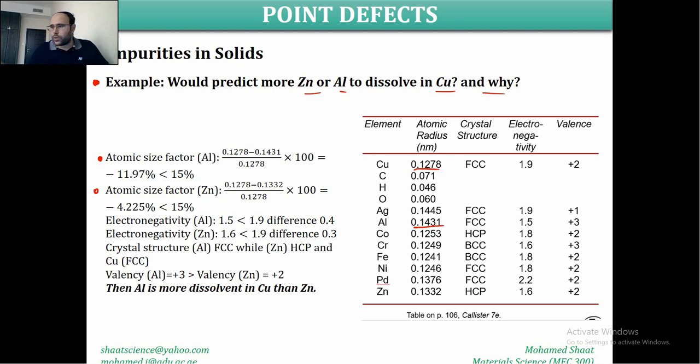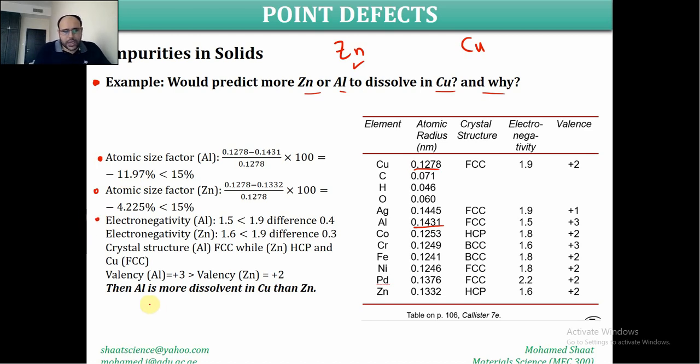Both can form substitutional solutions because the difference in the atomic radius is less than 15%. But still the zinc will have 1 more point over the aluminum. Why? Because the difference in the radius is too small in comparison to the radius difference of the aluminum. Make sense? It means that zinc has 1 more point.